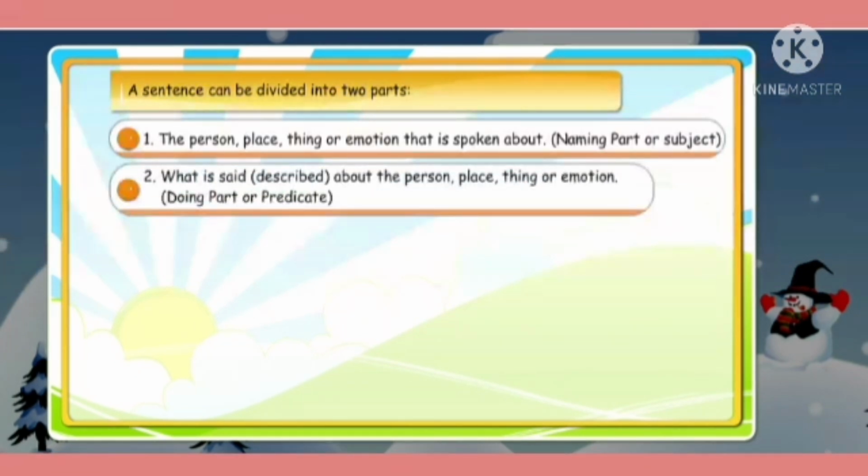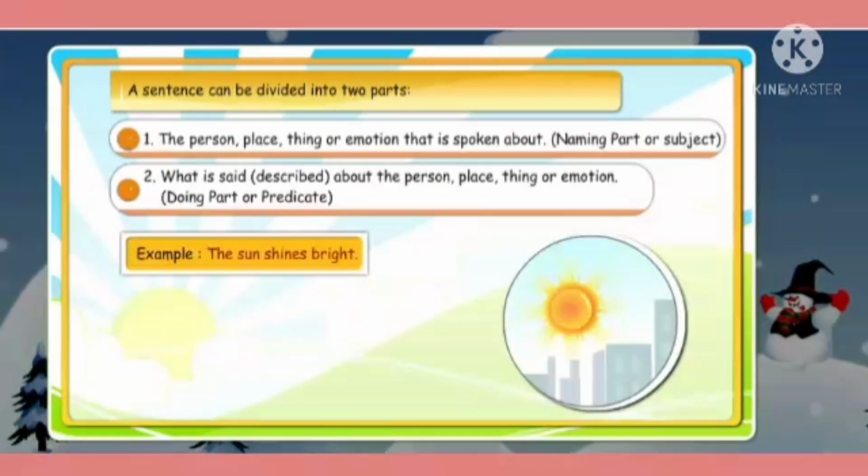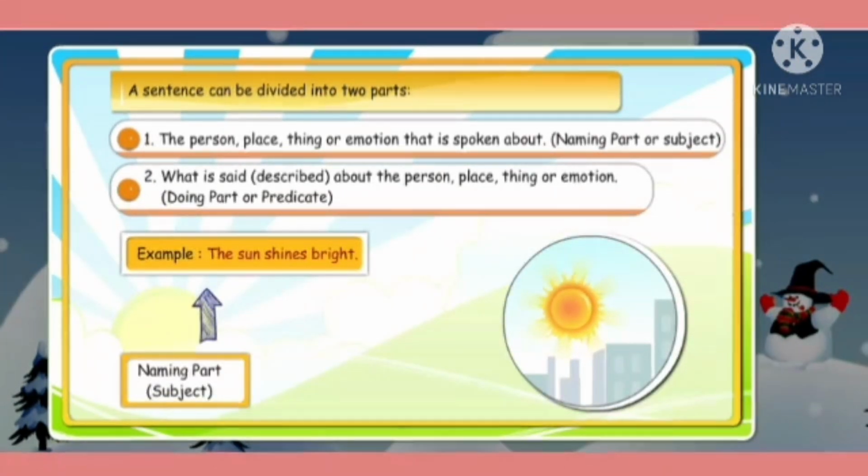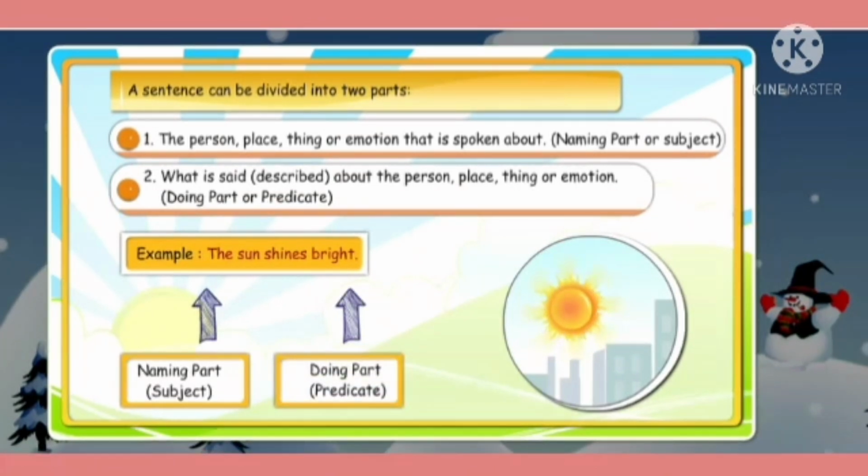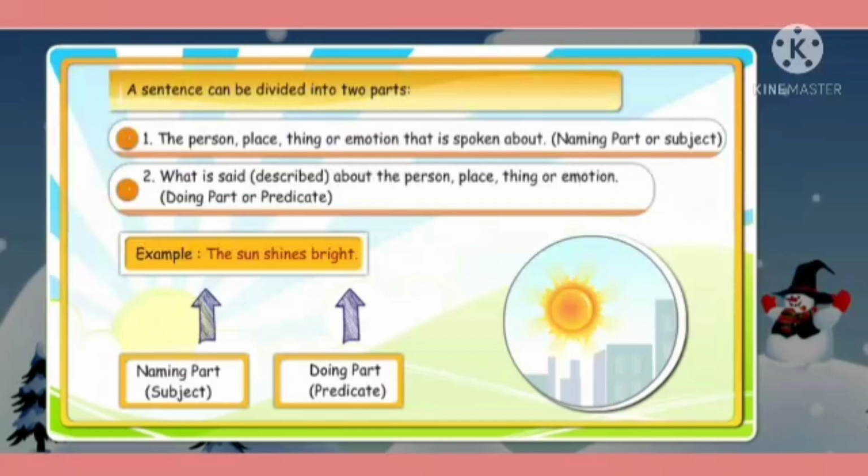Second, the doing part or predicate, it is what is said or described about the person, place, thing, or emotion. For example, the sun shines bright. Here, the naming part is the sun, it is the subject, and shines bright is the doing part or the predicate.